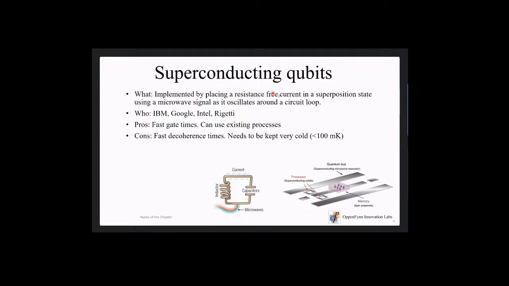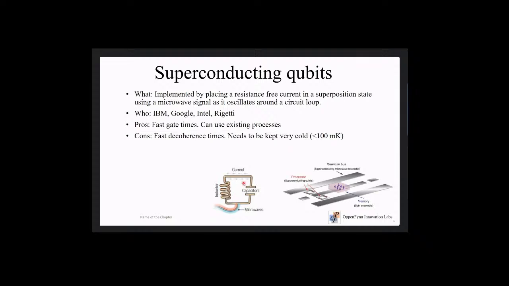As the name suggests, superconducting qubits essentially use a superconducting current to implement the qubit. As you know, a superconductor is a wire that offers no resistance to the flow of current. Again, I'll not go into a lot of details, but I'll just give a brief summary of the way things work.